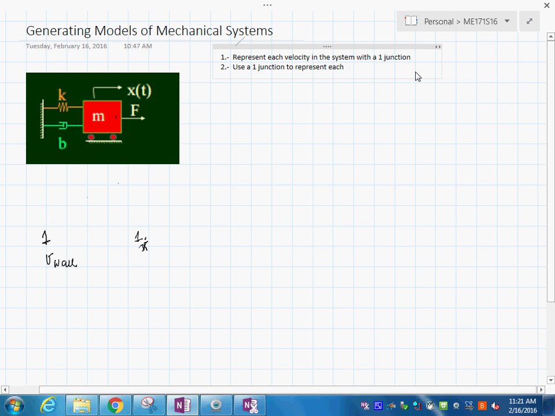And then step number 3, we're going to say attach the elements that experience that velocity.